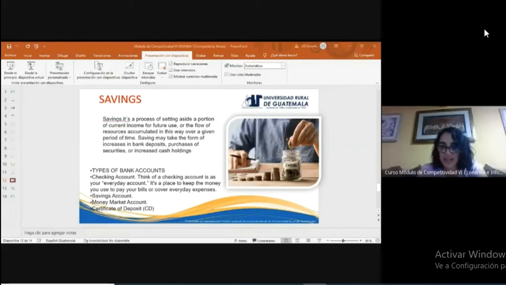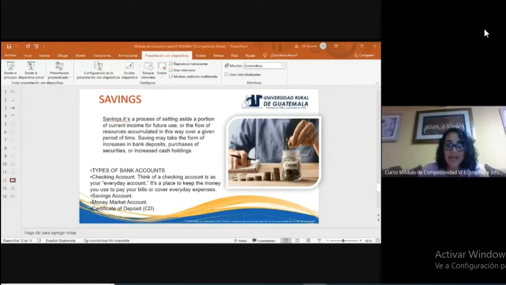The checking account, I know that you really know about that. Think of a checking account as your everyday account, because here is a revolving money that you are getting every day, ins and outs of all the merchandise that you're selling. This is a place to keep the money you use to pay your bills or cover everyday expenses.